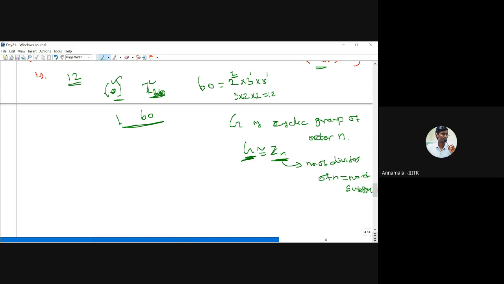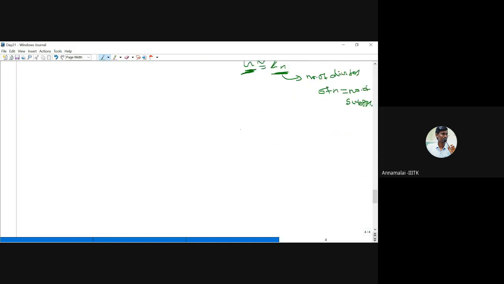Now, the next problem. Suppose G is a finite group and H is a normal subgroup of order 2. That is a very important result. If you know the result, you know the answer. So what is the result? Maybe I write the result here.